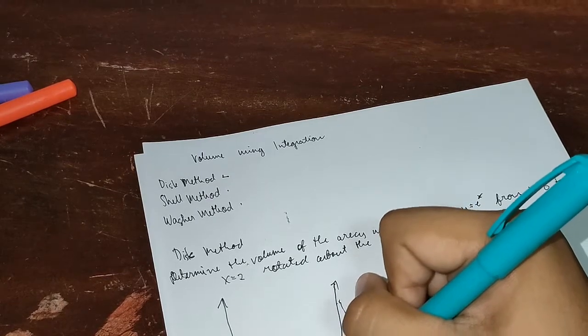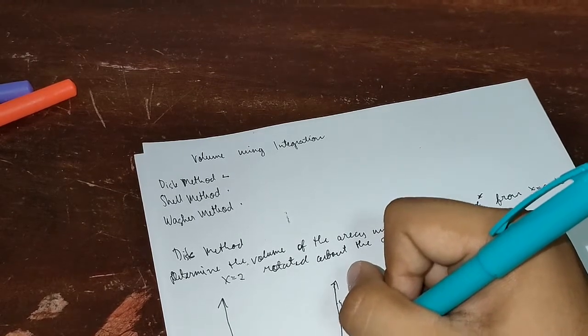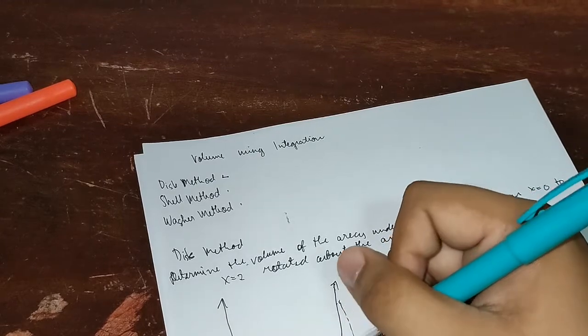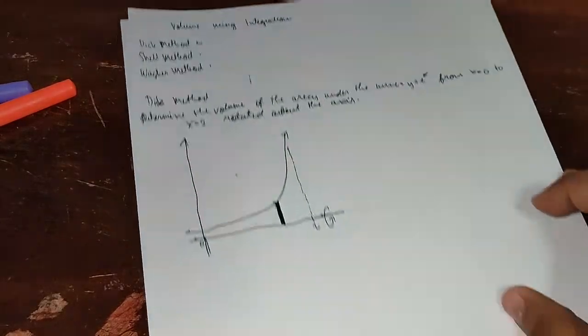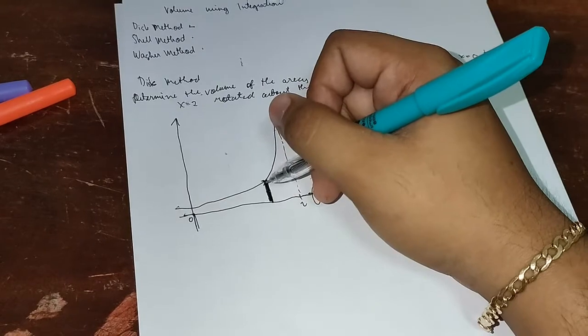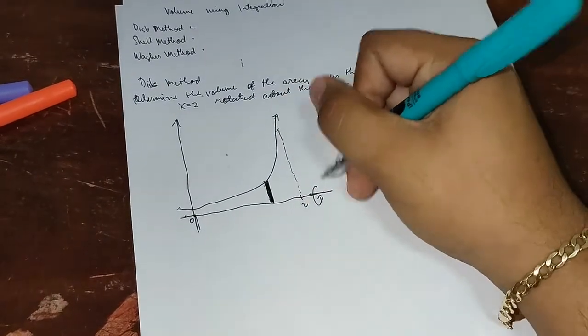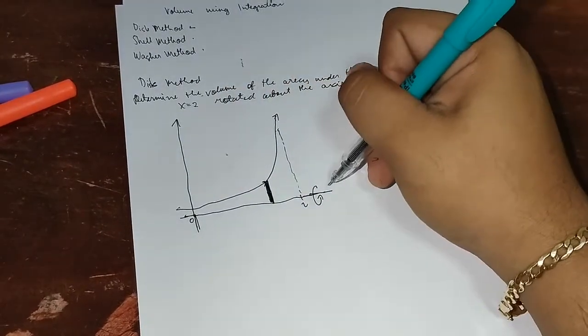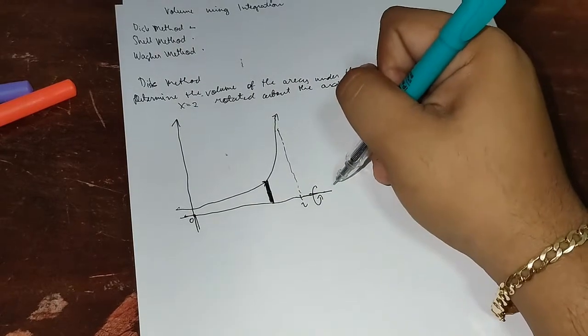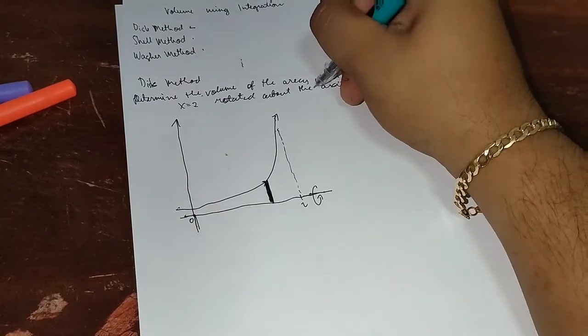And here is a vertical strip, and this is a sample strip rotated about the x-axis.